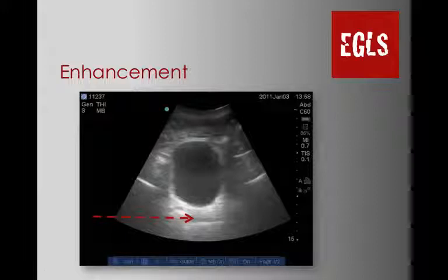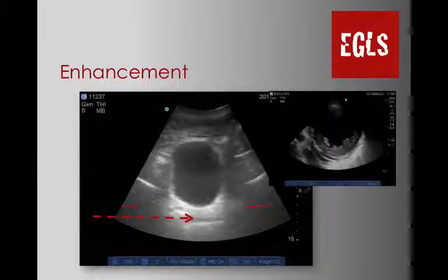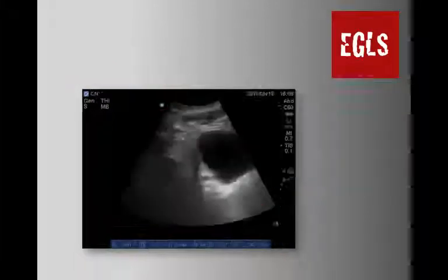This is because fluid helps the ultrasound beam to travel easier. So it will always appear brighter behind a fluid filled structure than on its surroundings. You can see the same thing here in parasternal short axis view, where the far field of the heart tends to be wider.